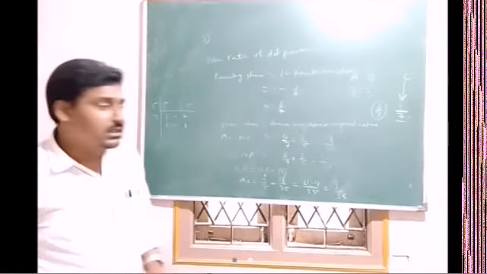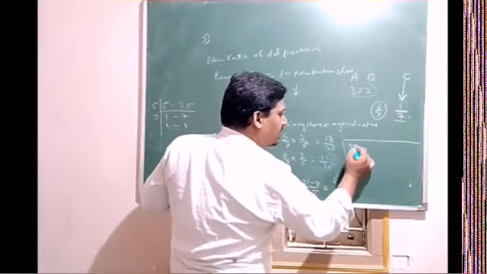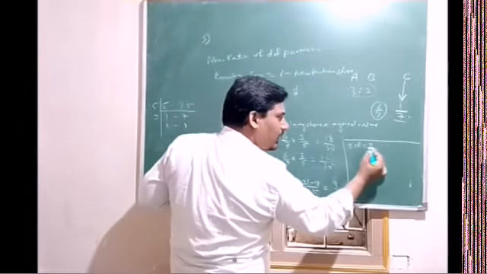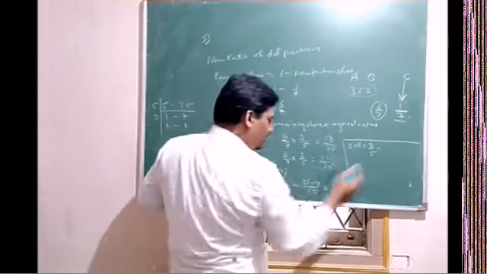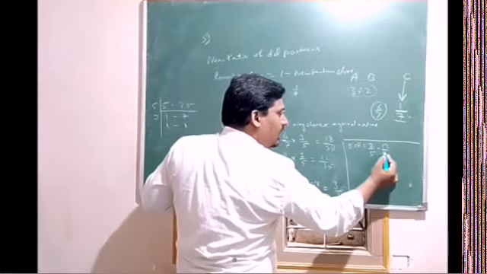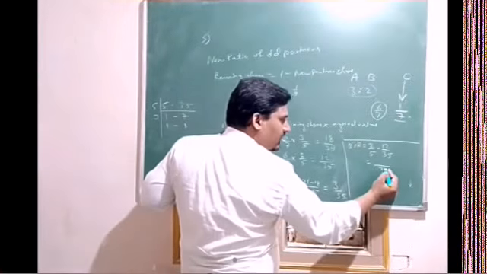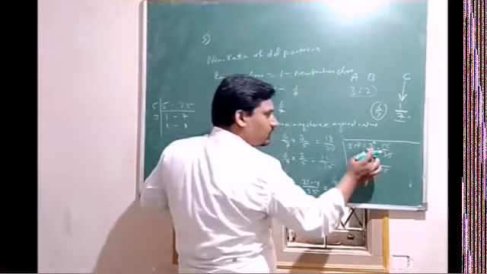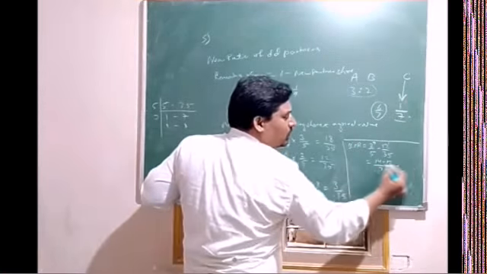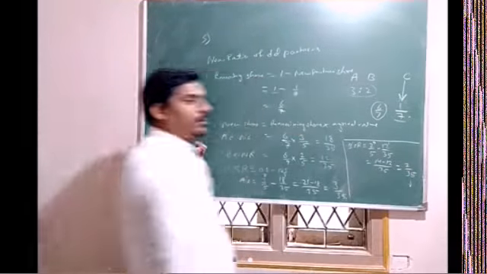Then B's sacrifice ratio. So B's sacrifice ratio is equal to his old share, 2 divided by 5, minus his new share, 12 divided by 35. So 35, 7, 1. So 2 sevens are 14 minus 12 is equal to 2 divided by 35.